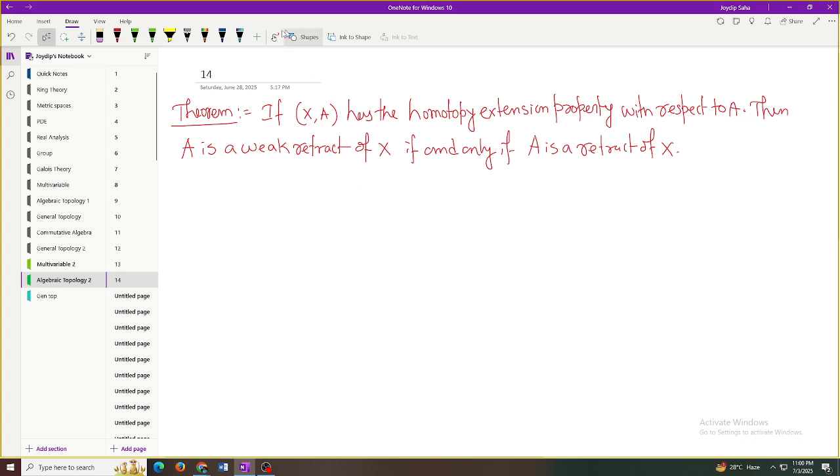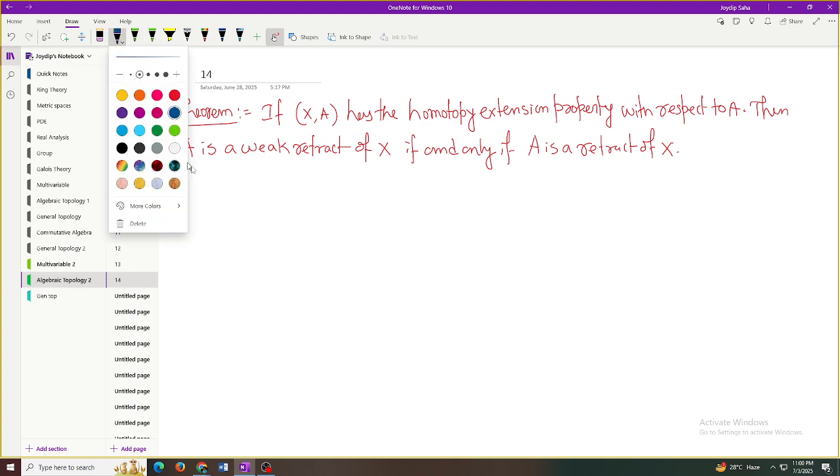Proof. So here is a homotopy extension property, then weak retract implies retract. Okay, proof.